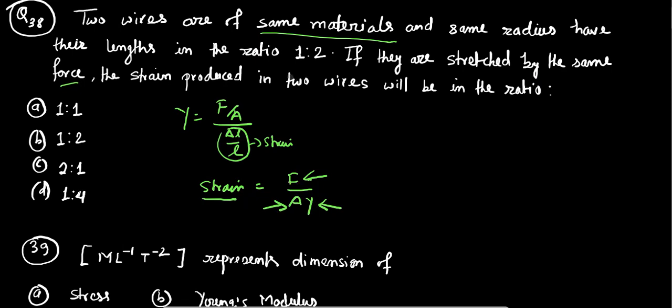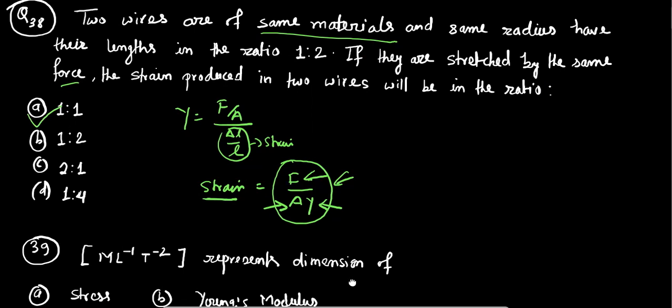There is nothing mentioned about the area, so we can say that all these parameters remain constant. Okay, and strain is independent of original length. Here there is no particular parameter which includes the length, so we can confirm that strain in both the wires will be the same. So our option A is the correct option.